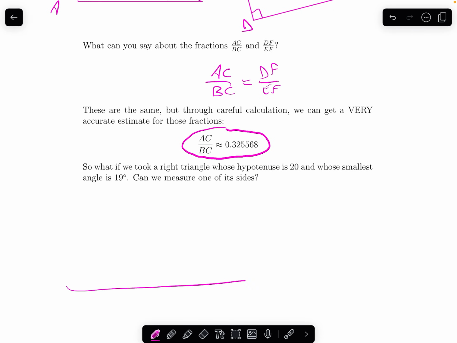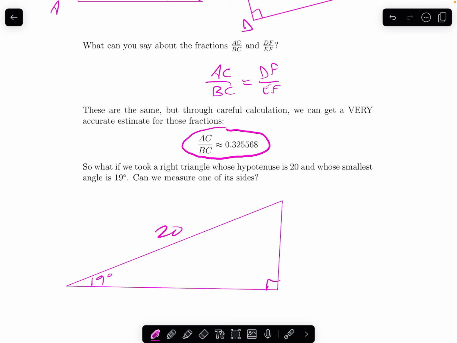So if I had a triangle like so, a right triangle, where here's my 19-degree angle and my hypotenuse is 20. Well, I know that this triangle is similar to the ones that we saw before. So this ratio would be the same as this number.